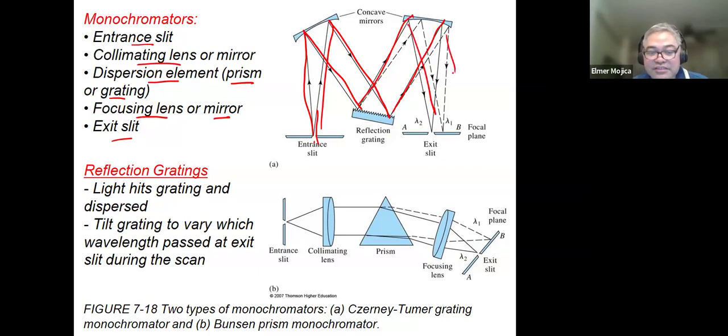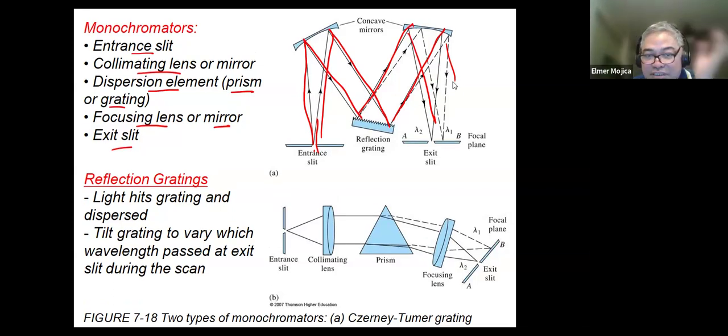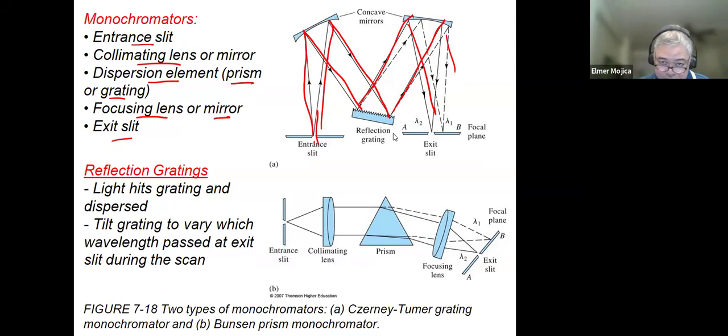And then it passes through again in what? The second mirror. So the first is the collimating mirror. What do you think the second mirror is called? If this is the collimating mirror, the other one could be the focusing mirror. And from the focusing mirror, what do you produce?